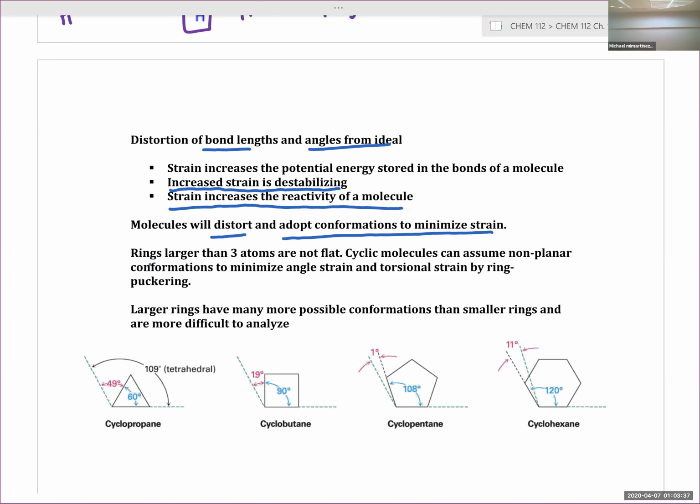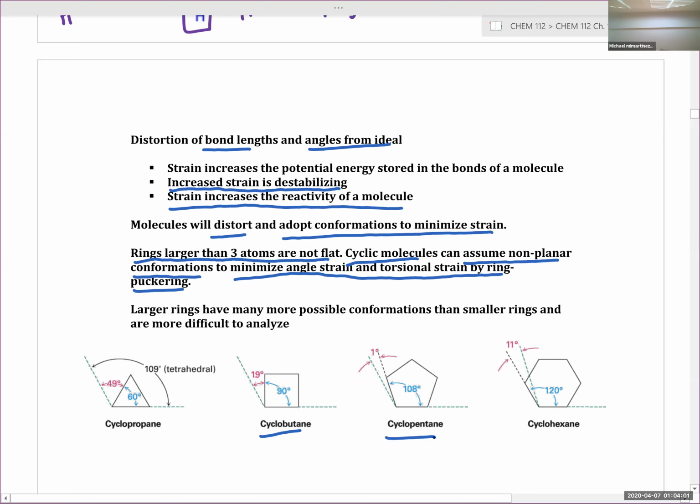So rings larger than 3 atoms are not flat. These cyclic molecules can assume non-planar conformations to minimize angle and torsional strain by, quote-unquote, puckering. So what we're really going to focus on now are our larger ring systems: cyclobutane, cyclopentane, and cyclohexane.